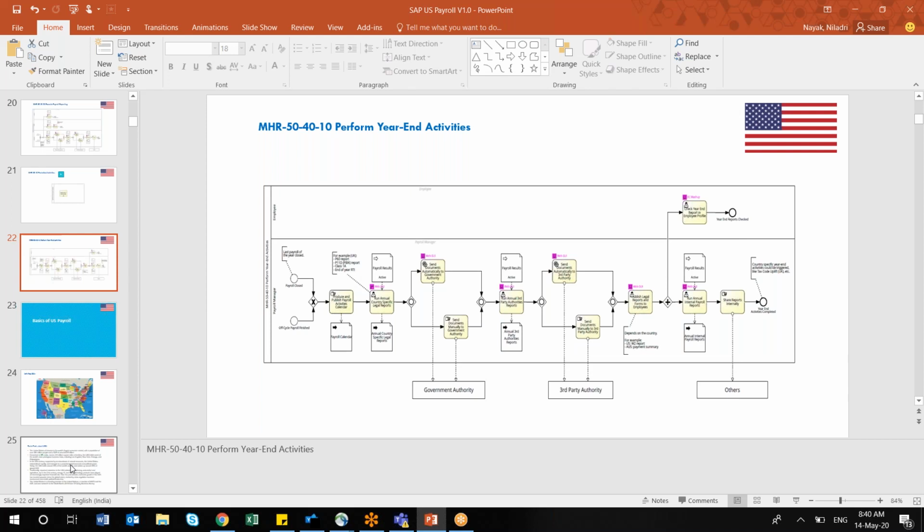So once we cover the basics, I will start the end to end: suppose there are 10 things to do in a year, I'll be very specific, just like I mentioned in your EC payroll, where there are 9 prerequisites, 17 activities on the EC side, and 24 activities you have to do.